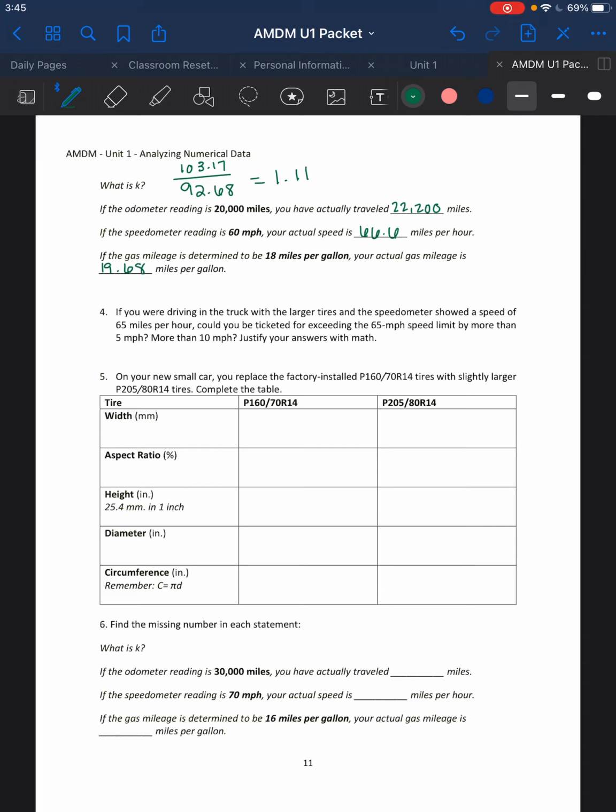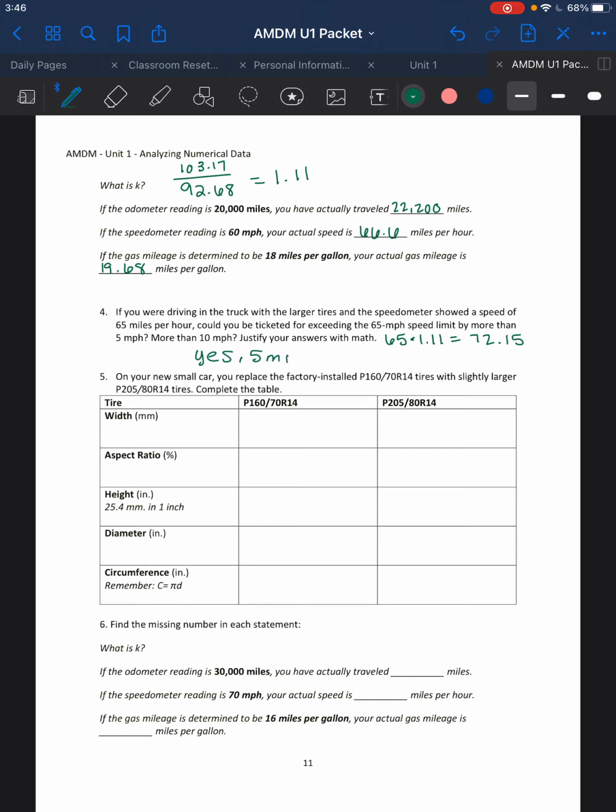Looking at number 4, if you're driving in the truck with the larger tires and your speedometer shows 65, what are you actually going? If I do 65 times 1.11, I get 72.15. So if I'm in a 65 mile an hour speed zone, would I be ticketed for going more than 5 over? Yes, because 72 is more than 5 more than 65.